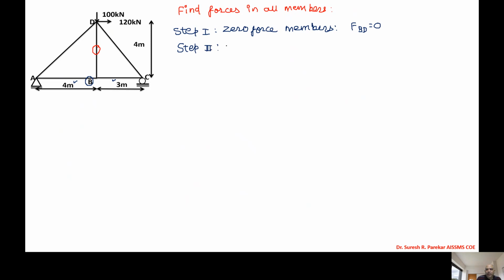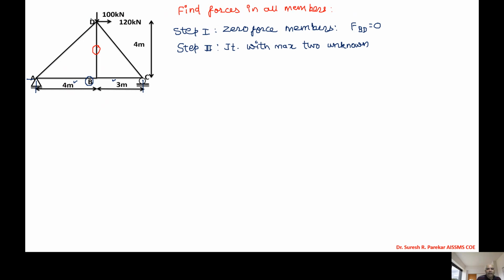So which joint has a maximum of 2 unknowns? At joint C we have 3 unknowns, at A we have 4 unknowns, because 2 reactions and 2 members make 4, and 1 reaction and 2 members make 3.